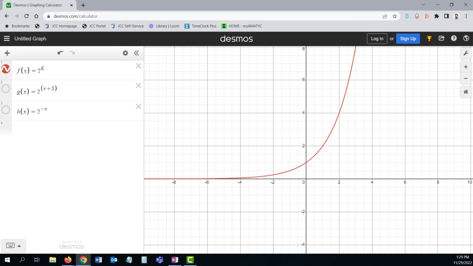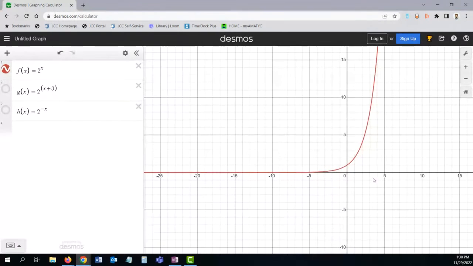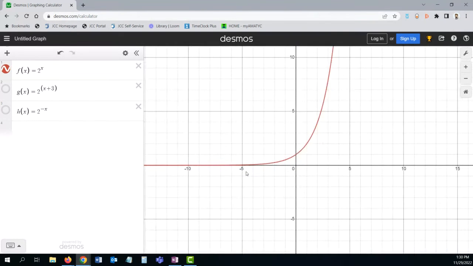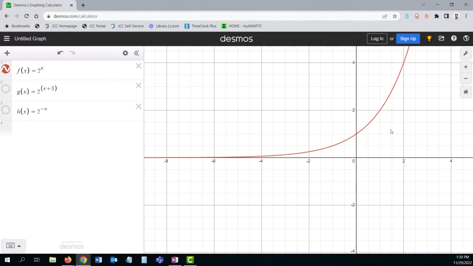The more negative I go, the larger the denominator gets, which means if I have a fraction and the denominator is getting larger and larger and the numerator is not moving, I'm running off toward 0. I'm never going to reach it because this will always be some non-zero value, but it's going to hug that horizontal axis, that x-axis all the way.